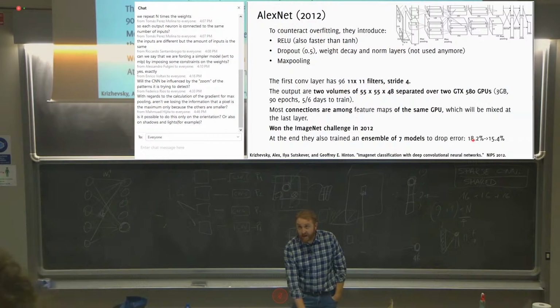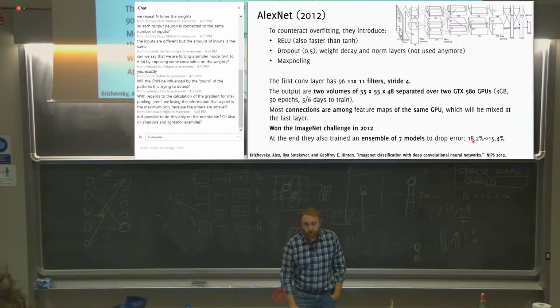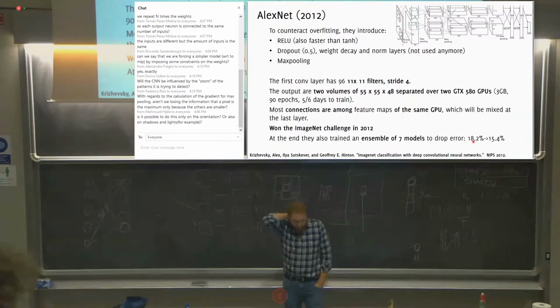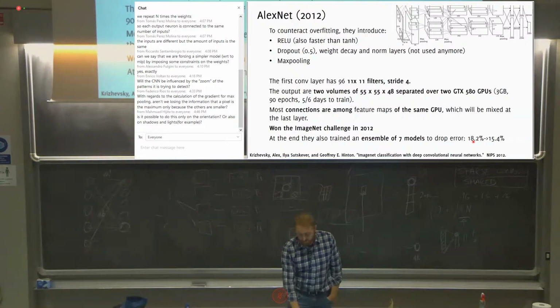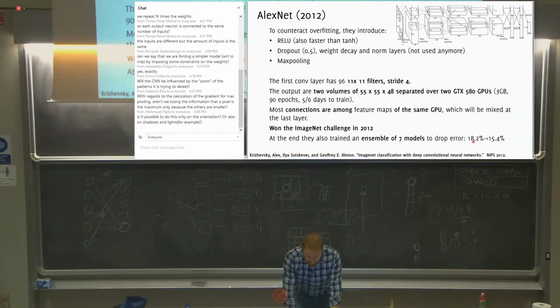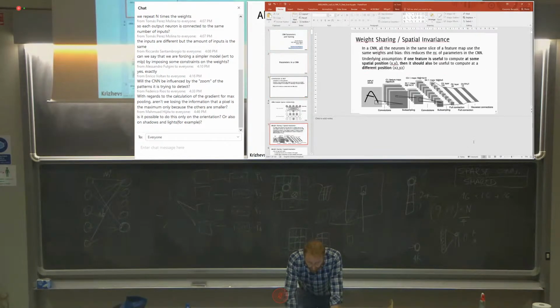The model that won at the end was an ensemble of 7 models trained with probably different configurations, and this reduced the error by about 3%.